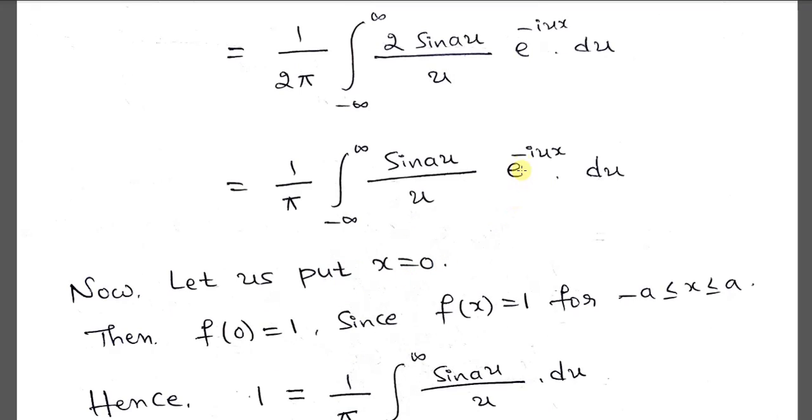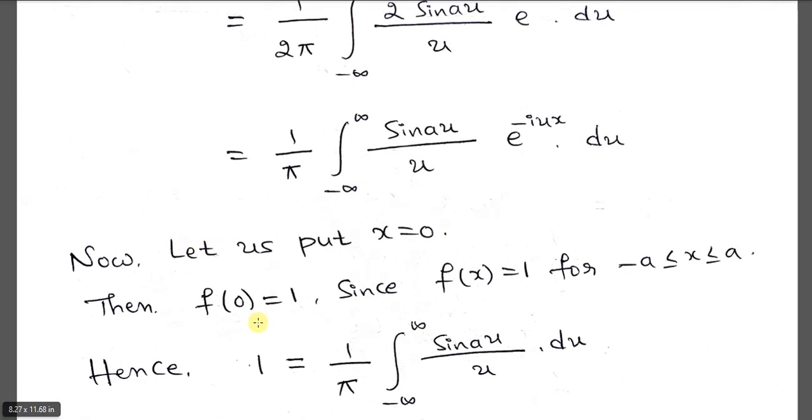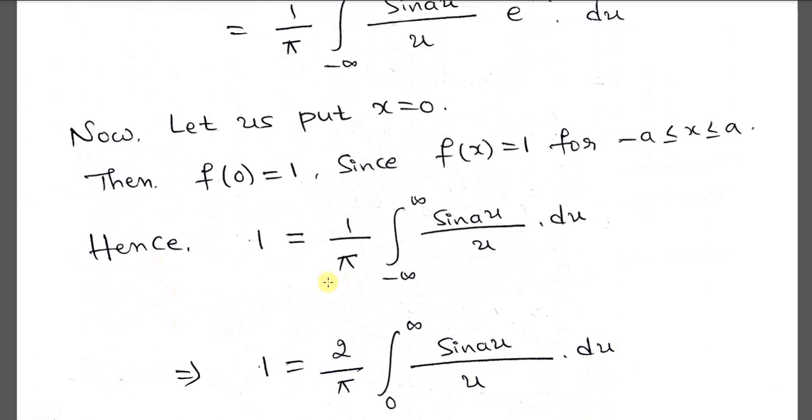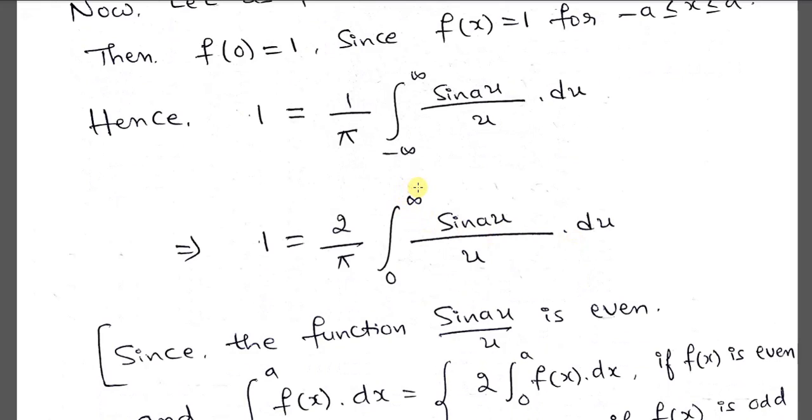And when you substitute x equal to 0, obviously the LHS is f of x. So by the definition of the given function, f of 0 is 1, right? So it becomes 1 equal to 1 by pi, minus infinity to plus infinity sin au by u into du. Simplify. Here, luckily the given function is even. When we say the function is even, f of minus x should be f of x, correct?